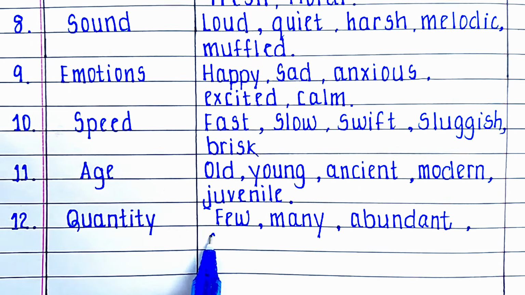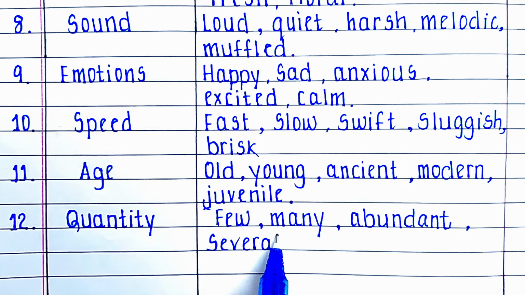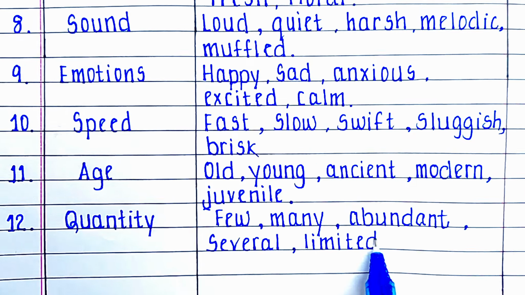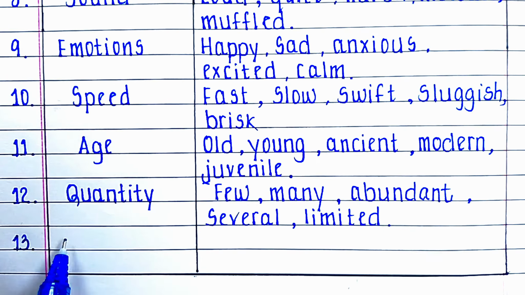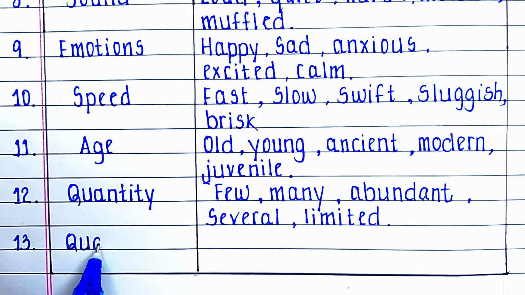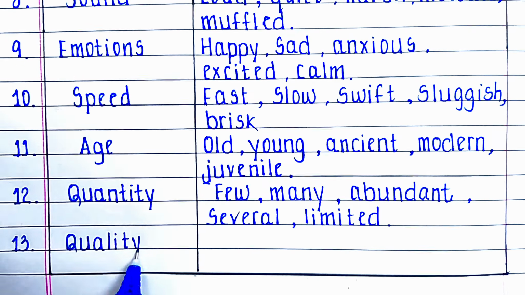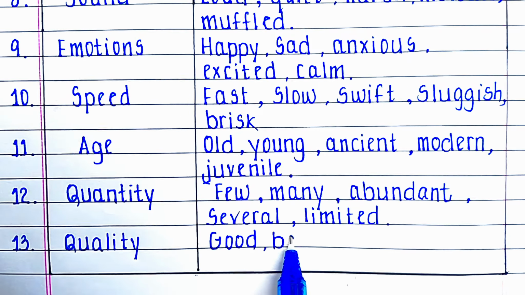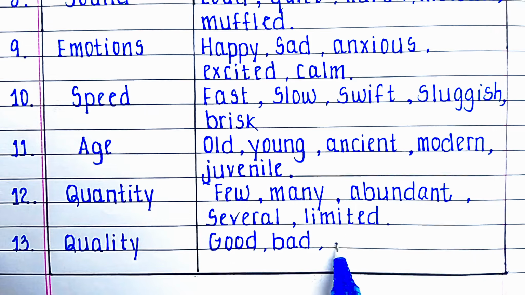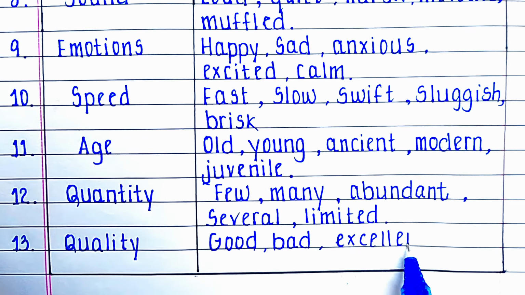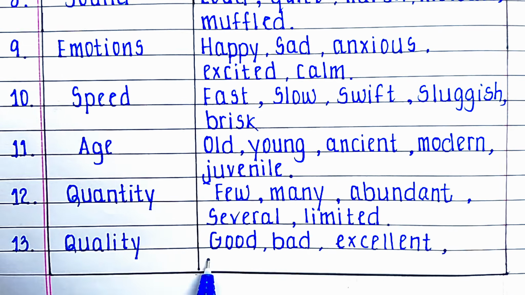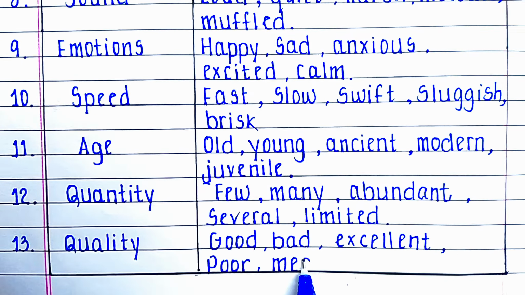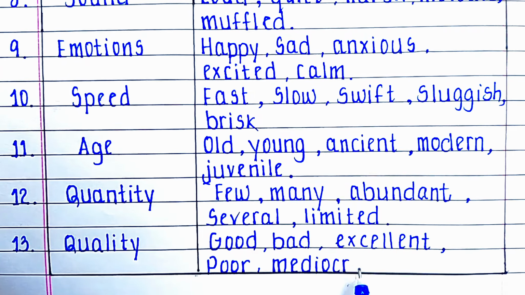Descriptive words for the category of quantity are few, many, abundant, several, and limited. Next category is quality. The words for the category of quality are good, bad, excellent, poor, mediocre.